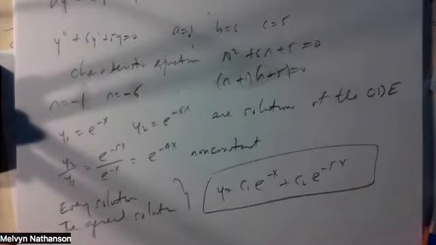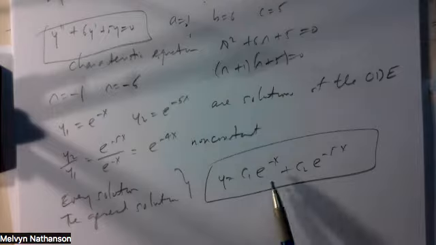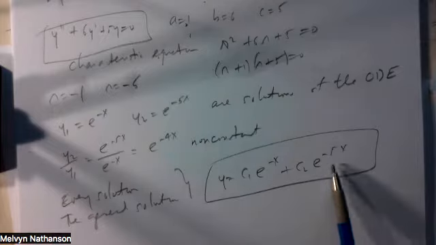So if we start with this particular constant coefficient equation, every solution is a linear combination of e to the minus x and e to the minus 5x.